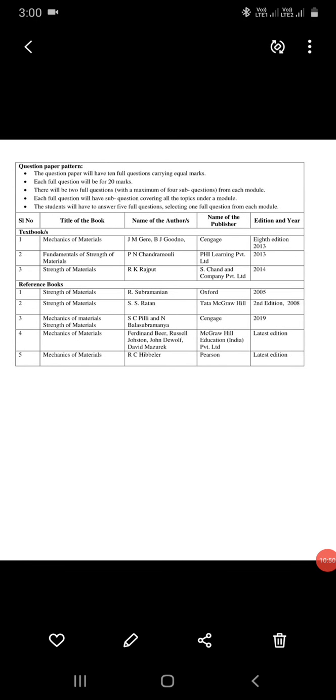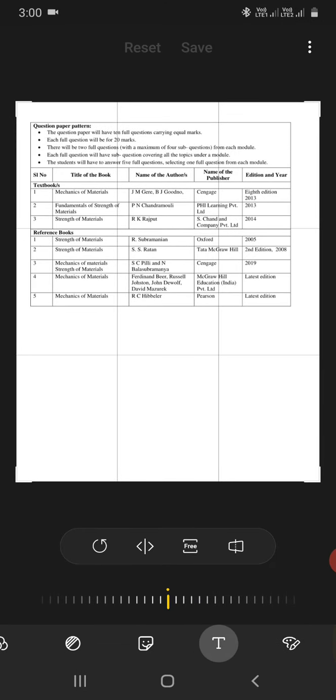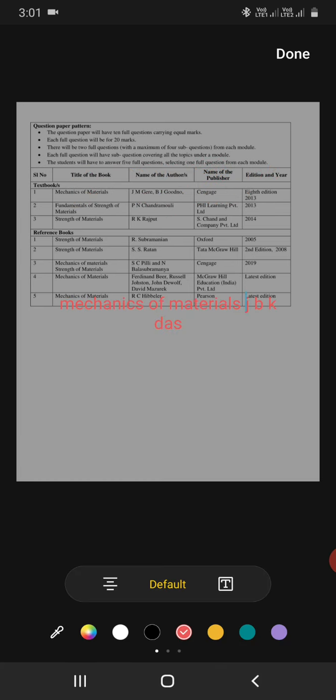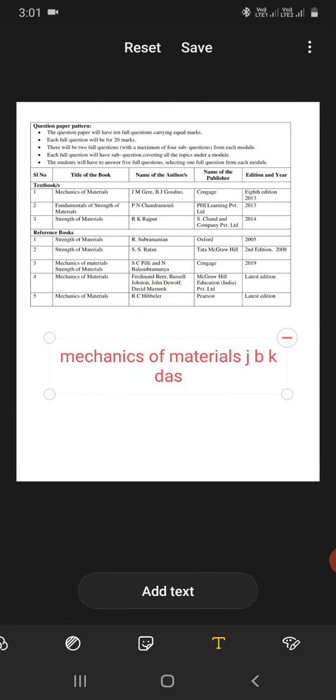So once again, the textbook to refer is J.B. Das. Mechanics of Materials by J.B. Das is a standard book referred by the VTU.